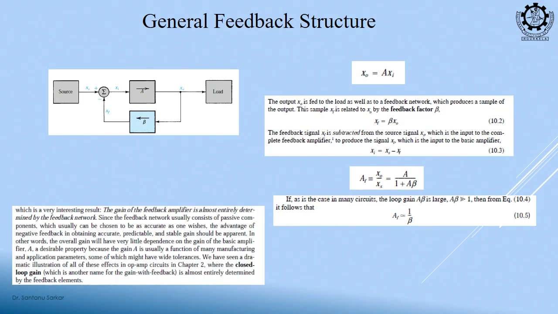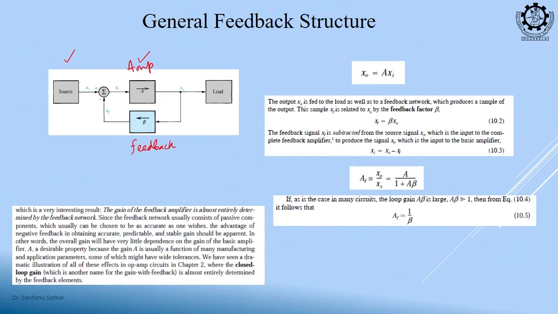So, this is a general feedback structure. What is a general feedback structure? I have a source, I have an amplifier, this is my main open loop amplifier, and this is my feedback element. Generally it is mostly a passive element, maybe a resistance, capacitor, etc. But this is my active amplifier.